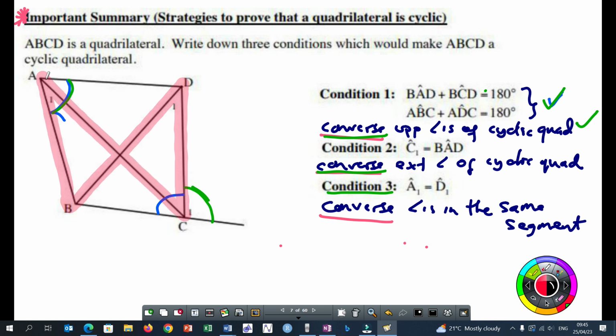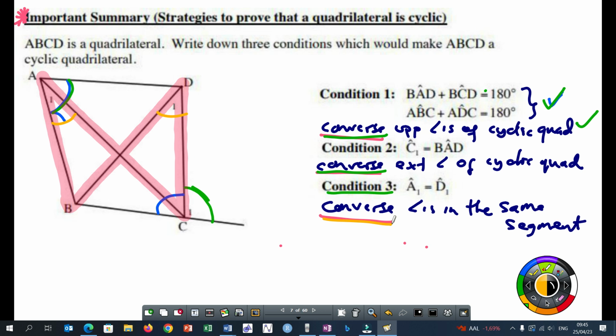If you can prove that angle A1 is equal to angle D1, then you can conclude that therefore A, B, C, D is a cyclic quad, and your reason will be converse angles in the same segment.